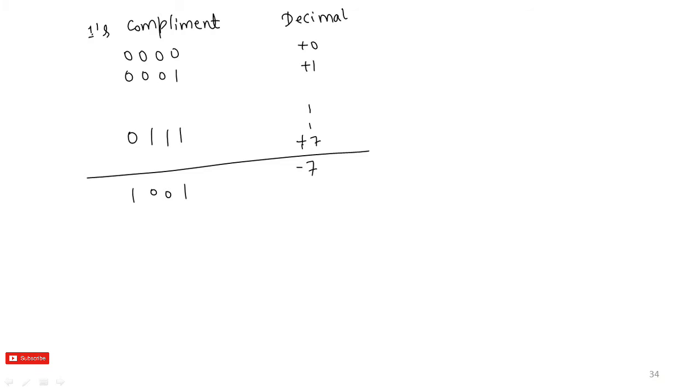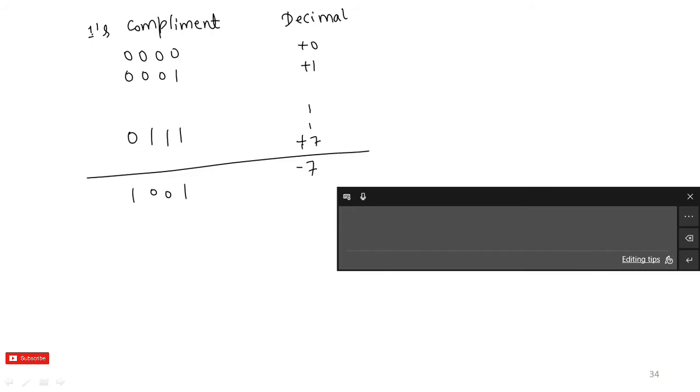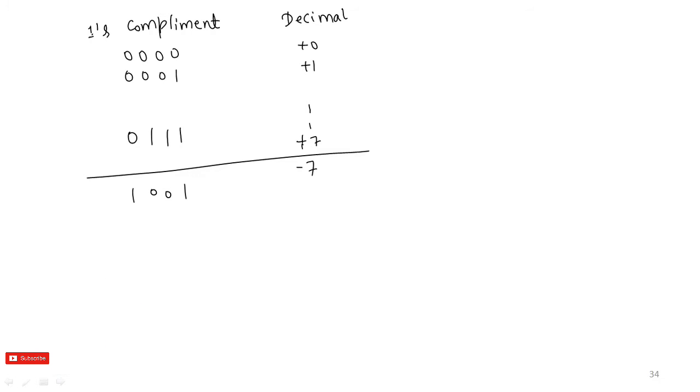No, I think this is not correct. You have to write first positive plus 7, then take its complement. This is plus 7, its complement is 0 0 0 and 1. Okay. -6, first plus 6 and then -6, so this is 1 0 0 1.